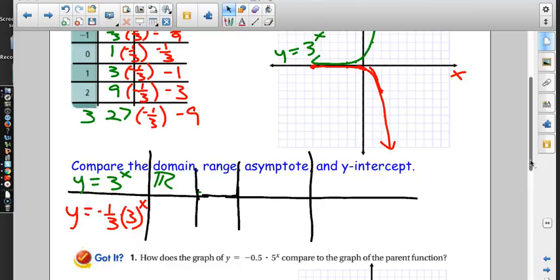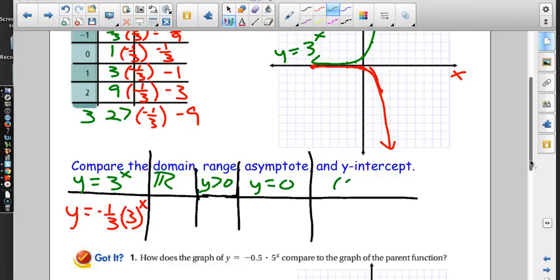Yes, it's an asymptote. So we kind of connect these two things and say, well, it has to be greater than because y equals 0 is my asymptote. And then the y-intercept was just what did we get when we put a 0 in? Well, it was 0, 1. Because remember, it's 3 to the x, there's an imaginary 1 out front. That's all it is.